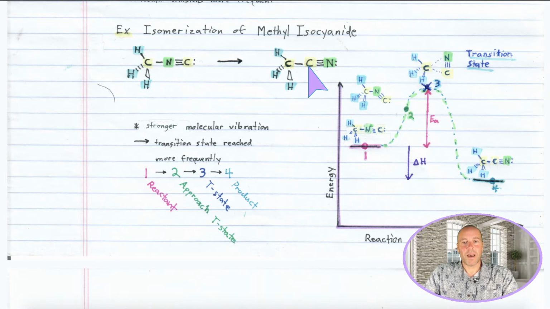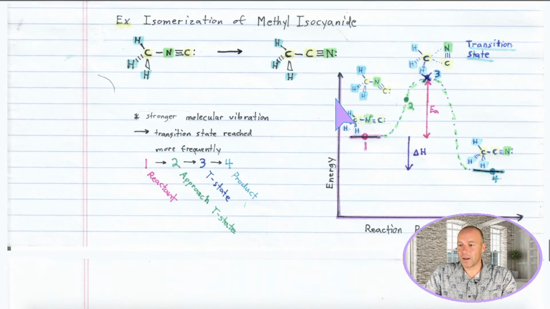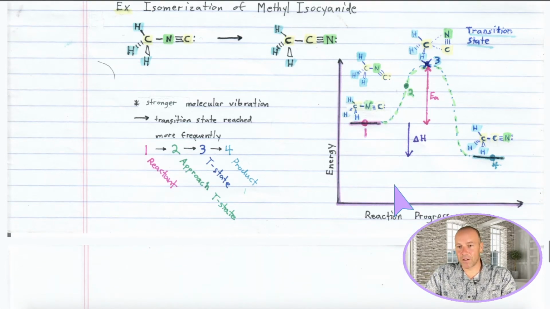Okay, now let's imagine this transformation taking place on an energy diagram. You remember energy diagrams plot the energy of the molecules as they change from reactants into products. Okay, so as the reaction progresses, how does the energy of the molecules change?